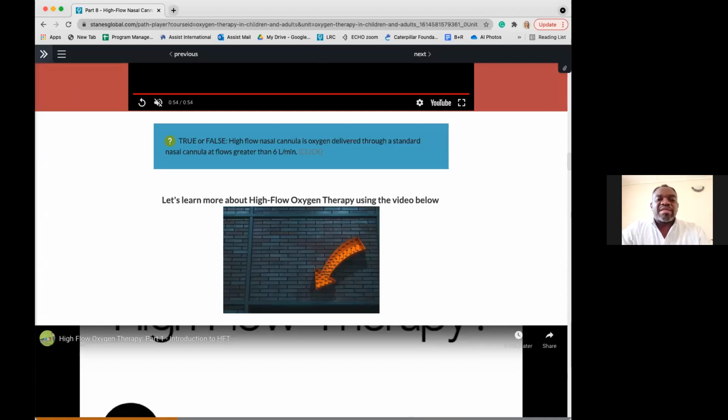I believe everyone will go for a high flow nasal cannula. Now the question is, how do you deliver the oxygen using the high flow nasal cannula? Is it through a standard cannula, or is there a different type of cannula, a nasal catheter, for delivery of oxygen to such patients?